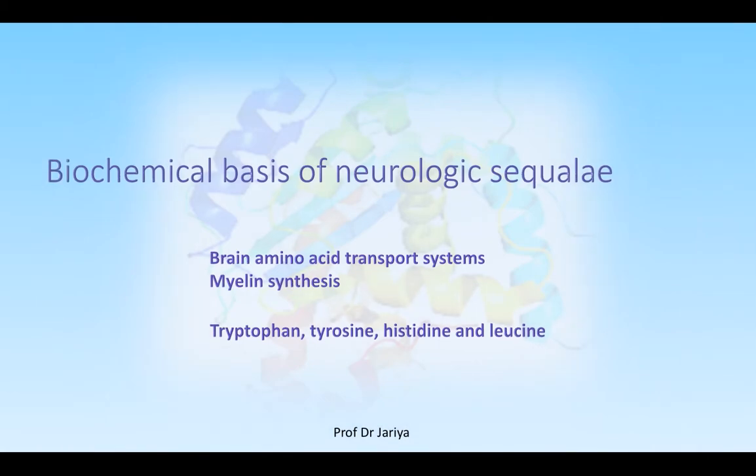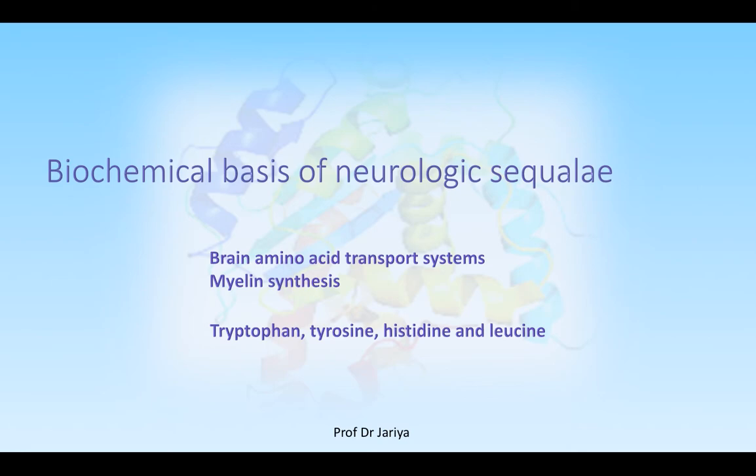The neurological sequelae may result in part from the competitive interaction of phenylalanine with brain amino acid transport systems and inhibition of neurotransmitter synthesis. Large neutral amino acids such as tryptophan, tyrosine, histidine, and leucine share a transport system, the L system, with phenylalanine.